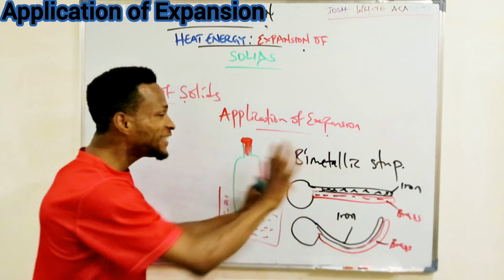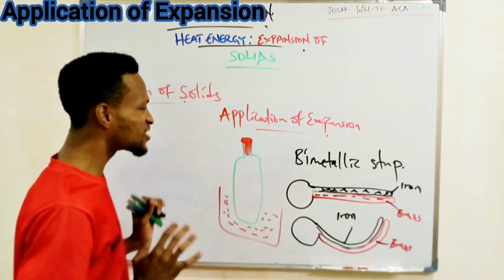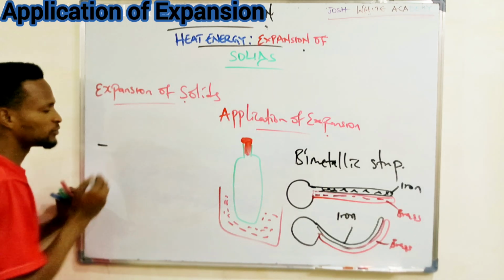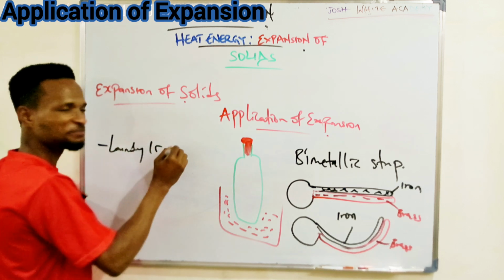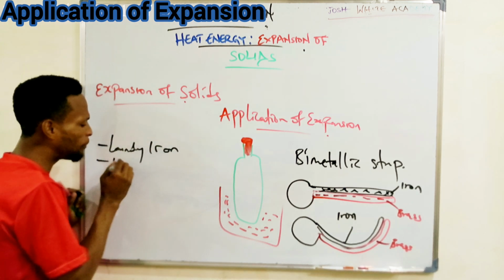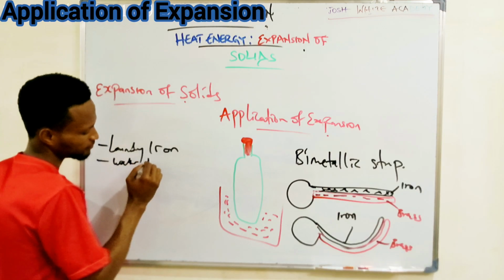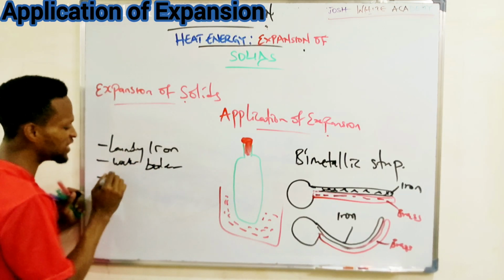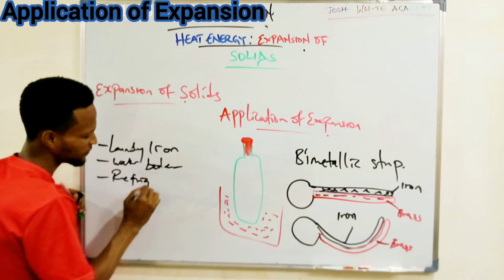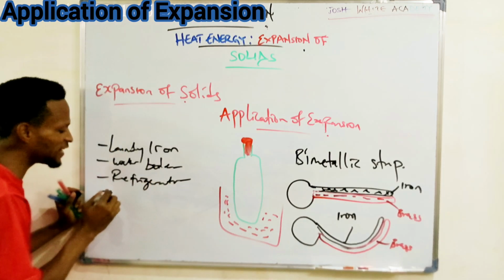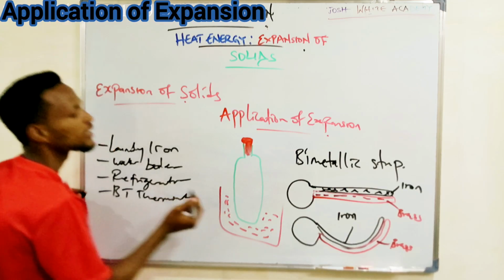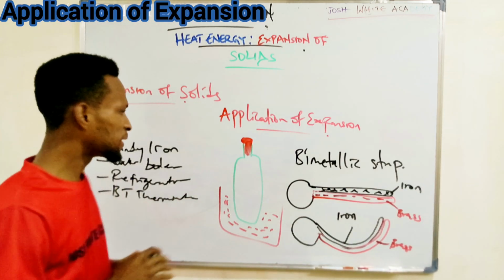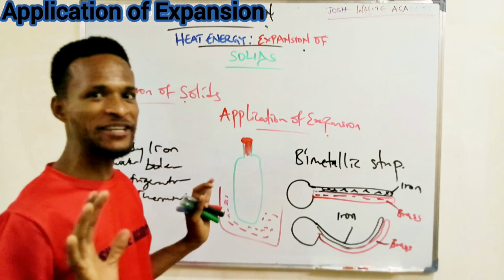So now this bimetallic strip is used in our laundry iron, in our water boilers, in a refrigerator. It's also used in the bimetallic strip thermometer. And the idea is similar.